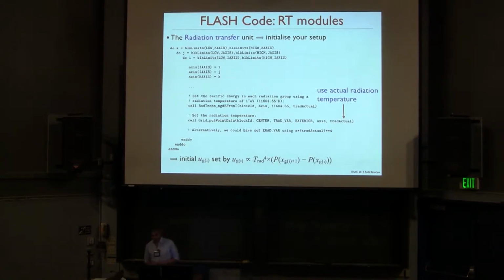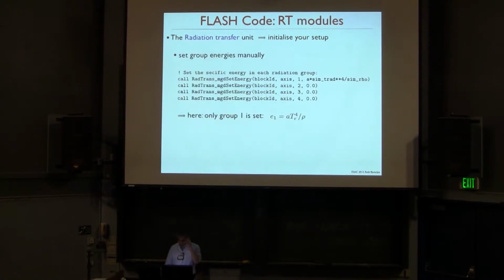And this function also provides you with splitting up the radiation energy density of your groups, given by this formula. So you do a piecewise integration of your Planck function from one group end to the other group end. Of course, you can do this also manually. You can set all the energy densities just by the number of groups you specified here.